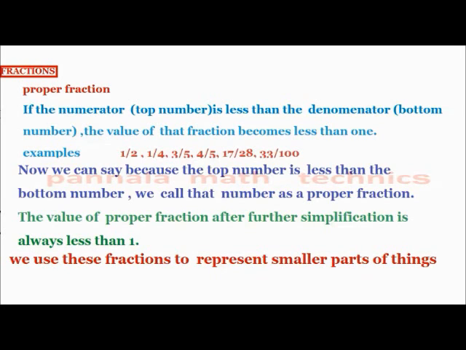Examples: 1 by 2, 1 by 4, 3 by 5, 4 by 5, 17 by 28, like that. Because the top number is less than the bottom number, we call it a proper fraction. The value of a proper fraction after further simplification is always less than 1. We use these fractions to represent smaller parts of things.